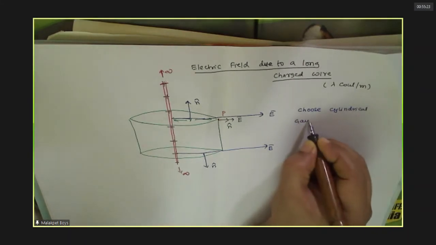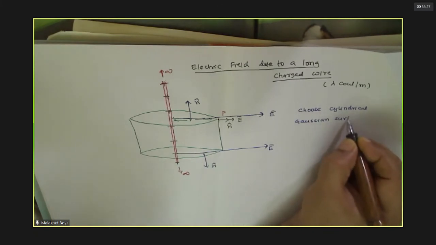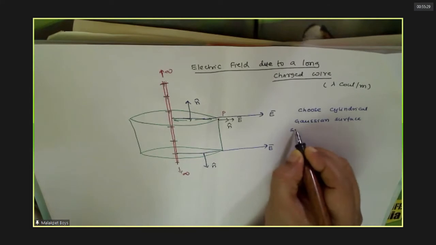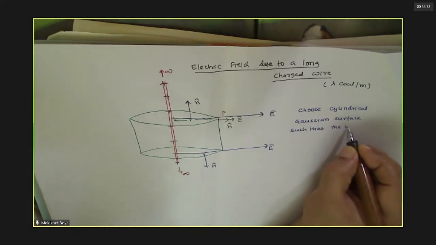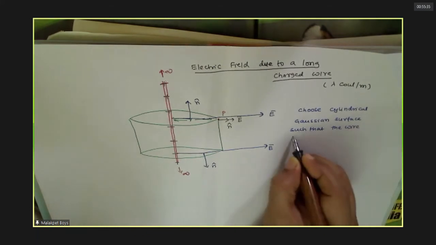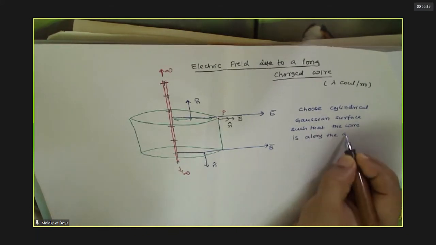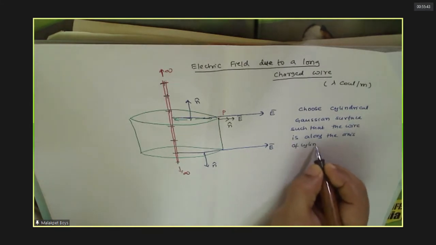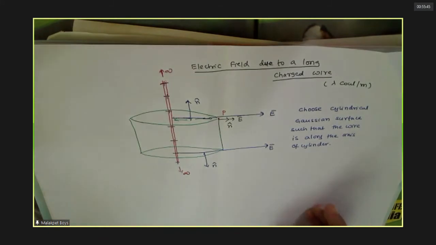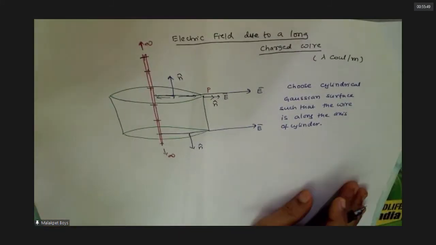Cylindrical Gaussian surface such that the wire... understood this? Understood, sir.